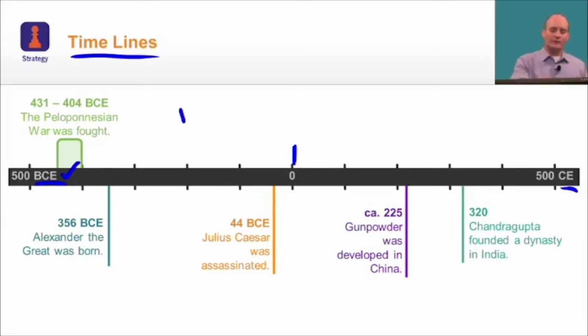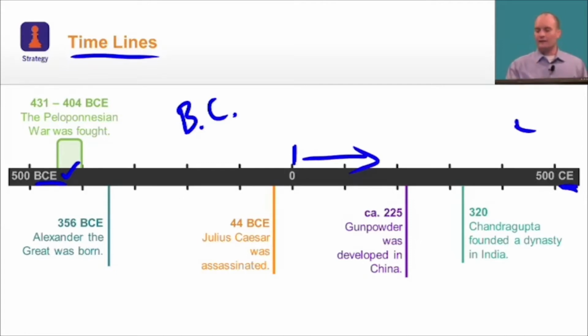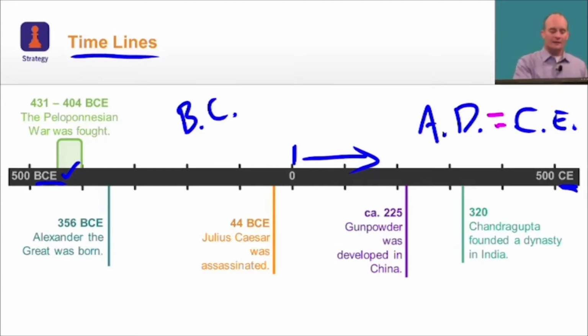You may also see it written as BC, and anything after the year 0 you'll see as CE or Common Era, and sometimes you'll also see it written as AD. The key thing to note is that these mean the same thing. So if you see BC or BCE, they mean the same thing.